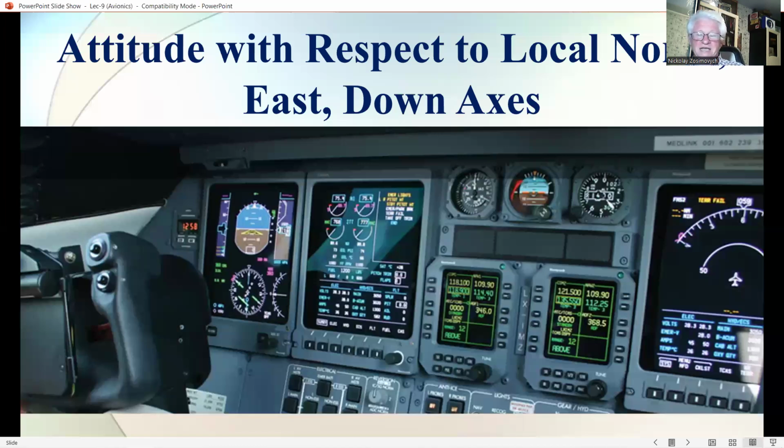Next subtopic of today's lecture: attitude with respect to local north, east, and down axes. The aircraft pitch and bank angles are required with respect to the local level plane, that is a plane which is normal to the local vertical, defined as a line through the aircraft to the Earth's center.